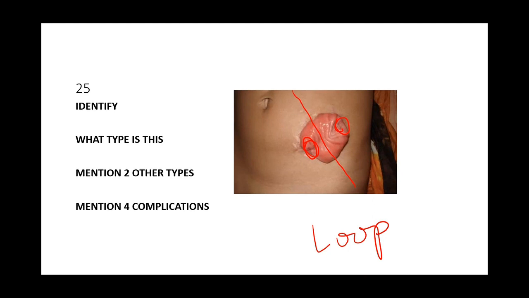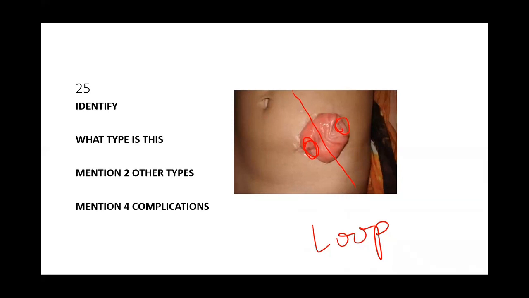Mention 4 complications. Prolapse. Please, the more you talk, the better. Colostomy diarrhea. Paracolostomy herniation. Hemorrhage. Colostomy failure. Infection. Flap necrosis. Colostomy prolapse. Herniation. Stenosis.